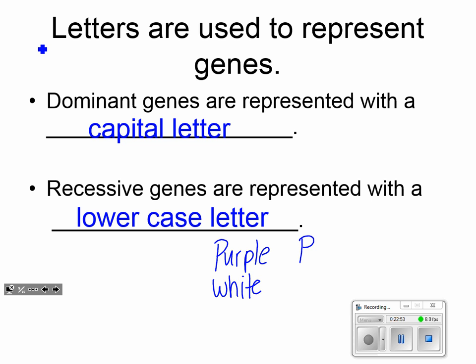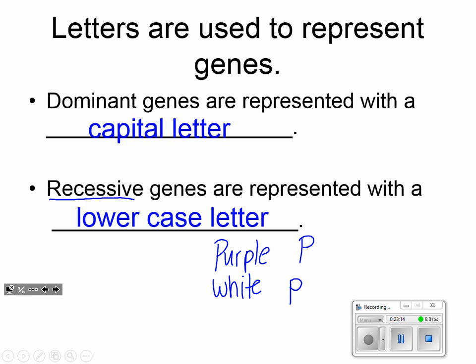The white one, you would think it would be lowercase w, but it's not. It's going to be, what do you think, Vin? Lowercase p. Why? What did we say lowercase represents? Recessive genes.